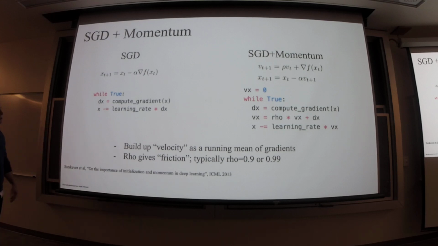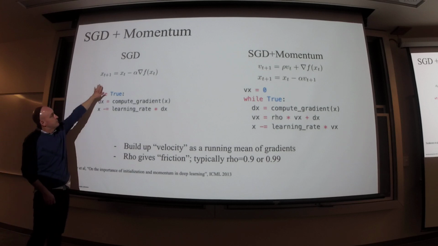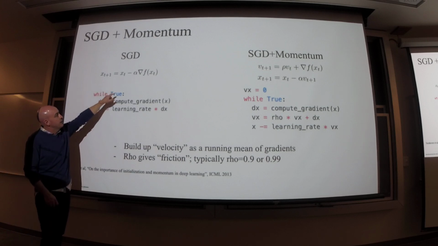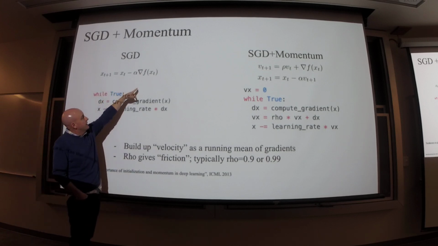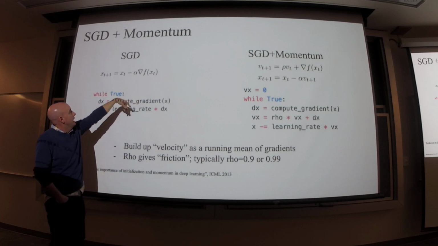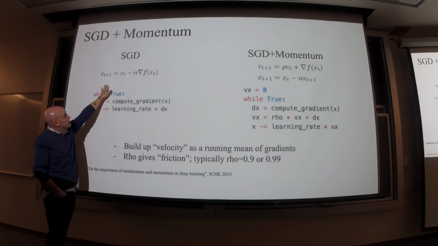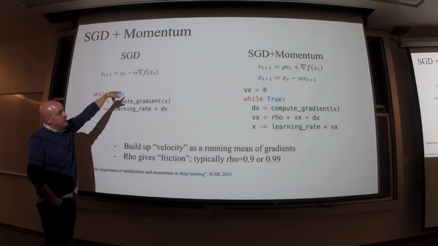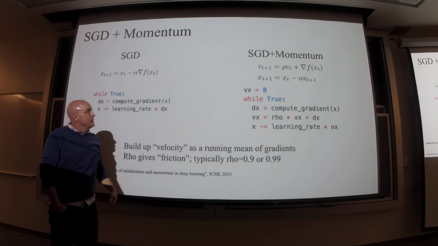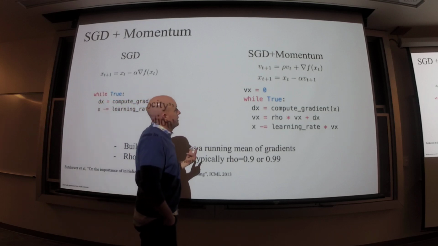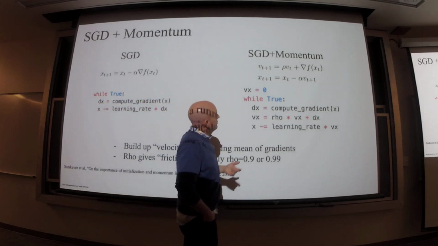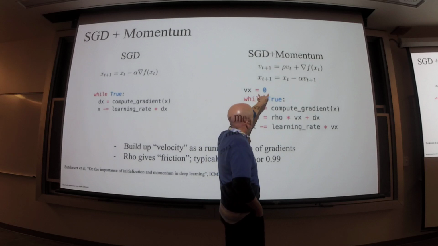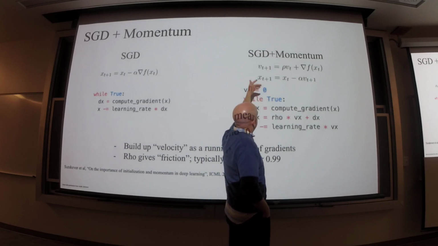Here's plain stochastic gradient descent, where you estimate your gradient from your mini batch, and then you update your parameters with some learning rate. In stochastic gradient descent with momentum, you actually have two variables that you're keeping track of.